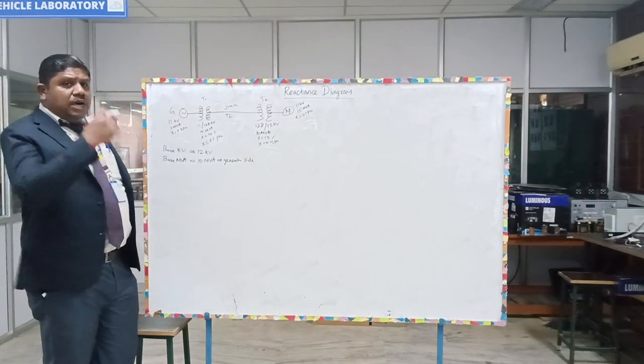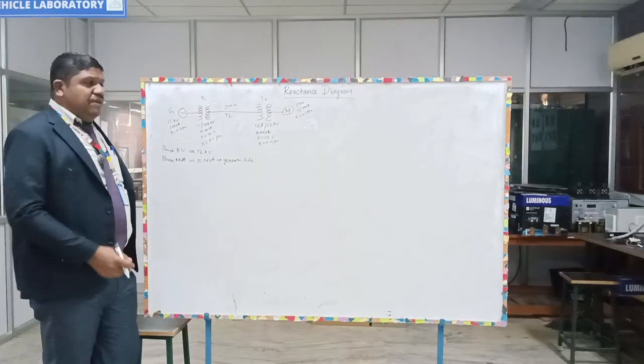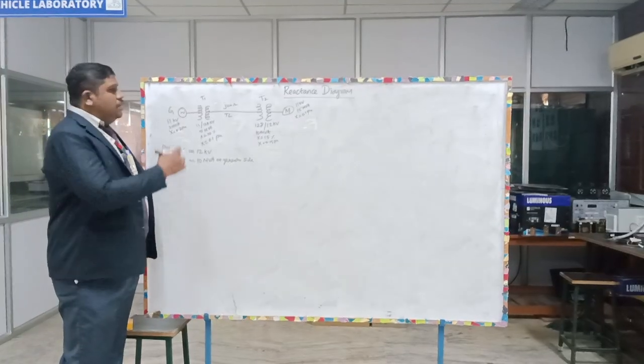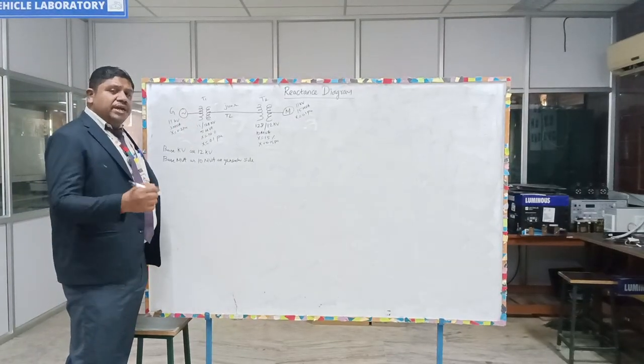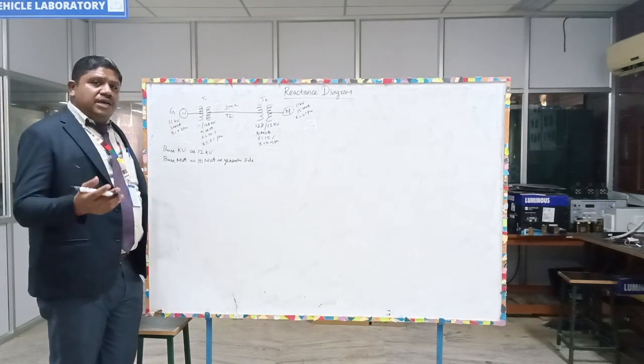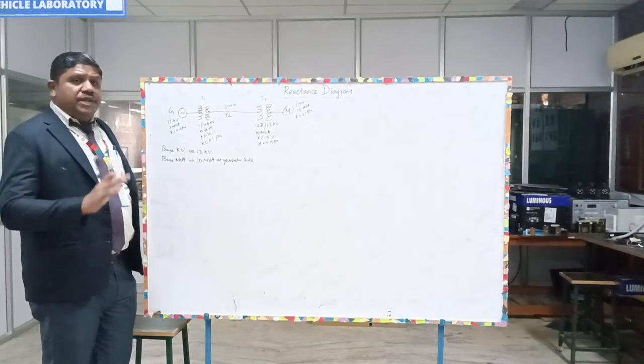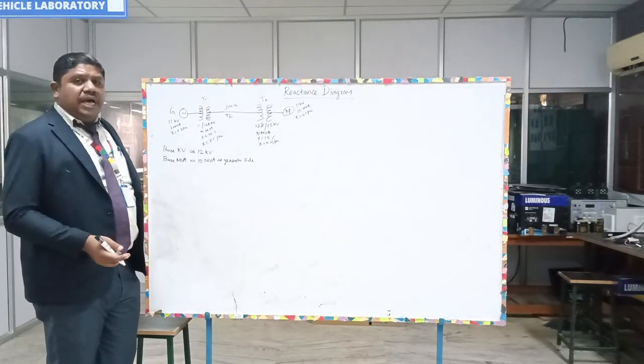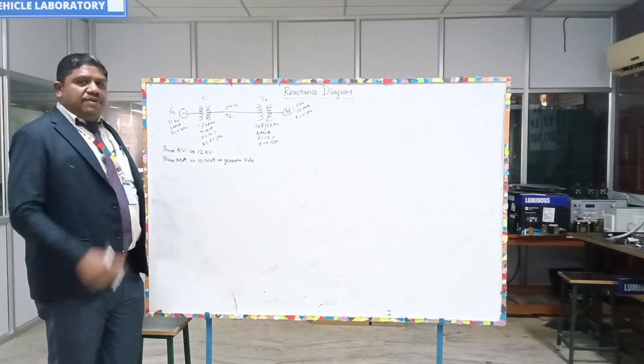What you have to do is calculate the new kV base in each section. First you have to identify the sections. How to identify? Whenever the voltage rating changes, there we have to assume a new kV base.